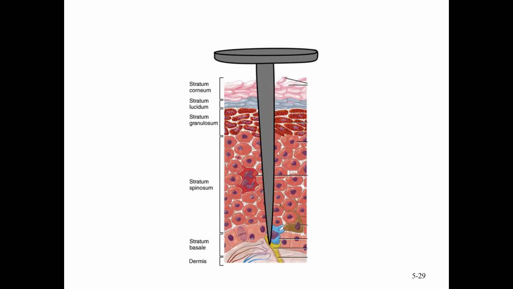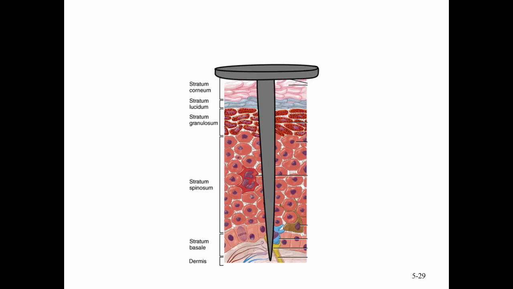Now, let's suppose we're walking along and we don't see this nail and we happen to step on it. Ow, that looks painful. So let's shove that nail through the epidermis down into the papillary layer of the dermis.